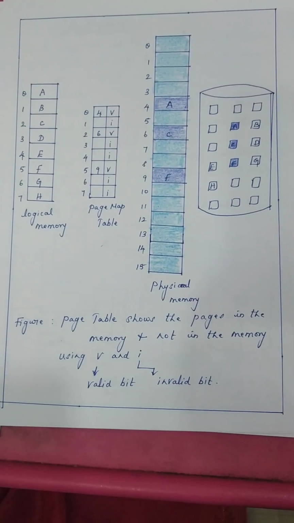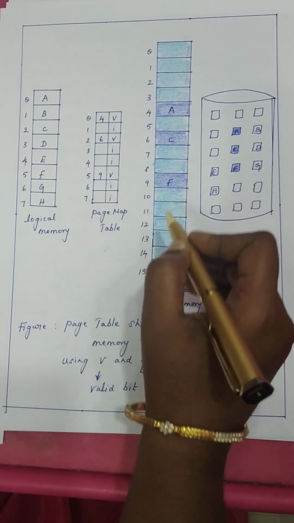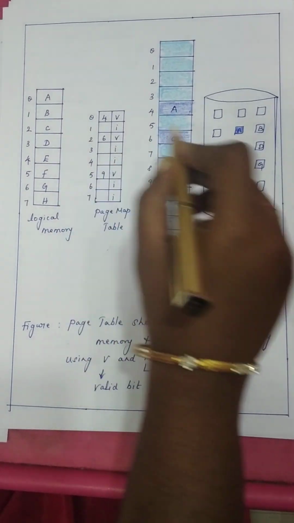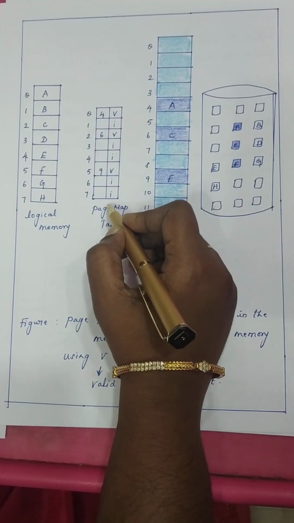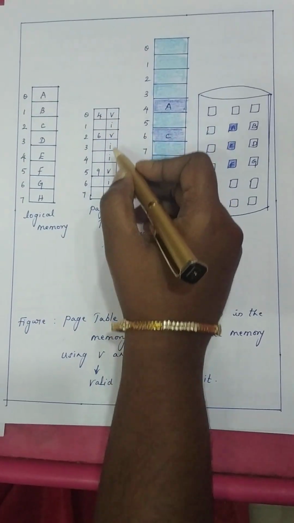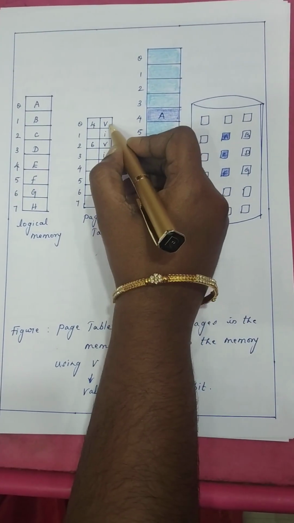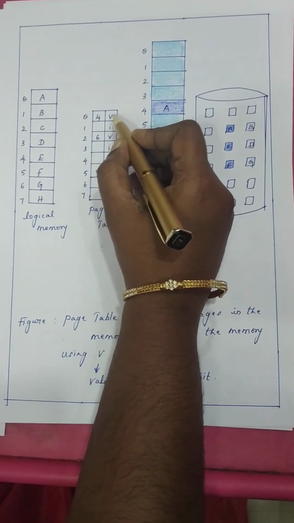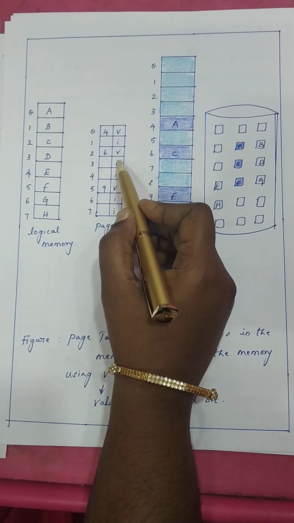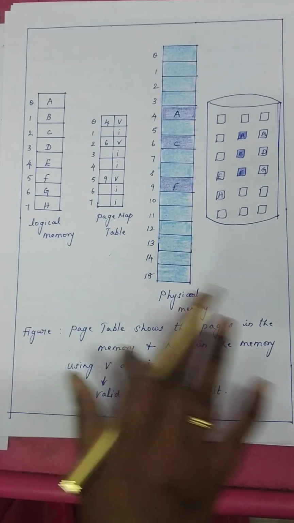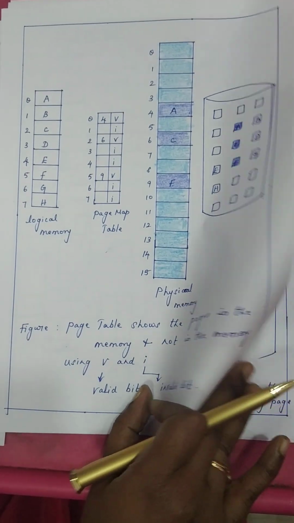This is how whether a particular page resides in the physical memory or not is determined using the two important bits, valid and invalid. If it is valid, the page will be either in the physical memory or in the disk. If it is invalid, the page is not at all in the logical memory space.